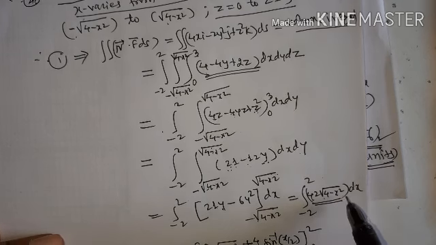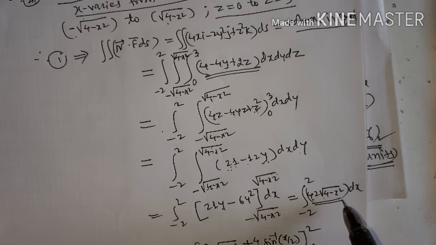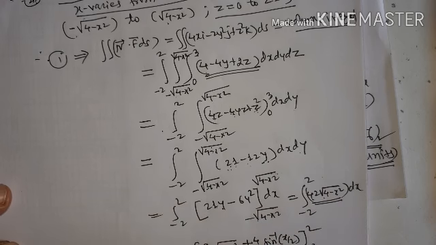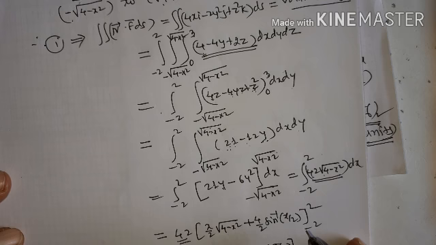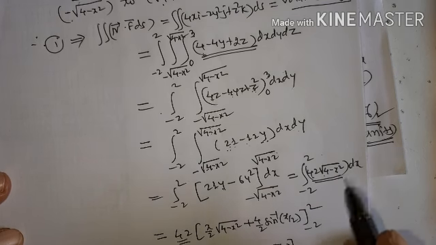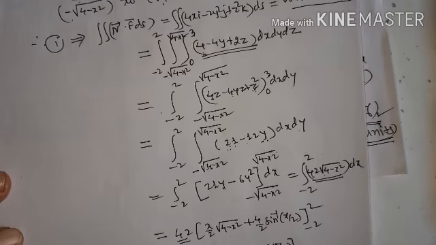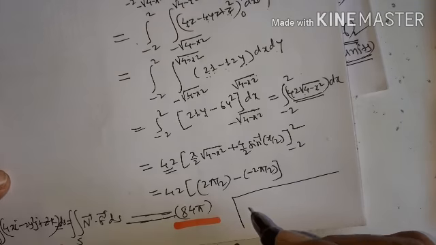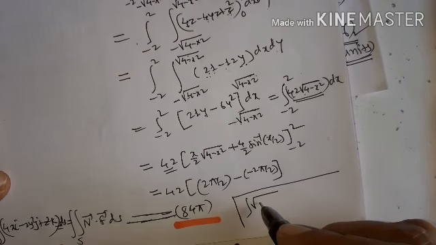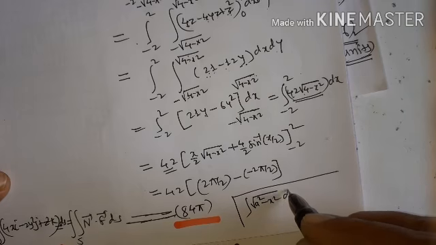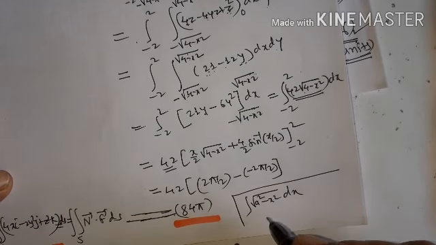Now root 4 minus x square can be integrated with the help of the simple formula, integration of root of a square minus x square. So what is that formula? I will write here. Look at this formula. Integration of root of a square minus x square dx, this is a standard integration formula.